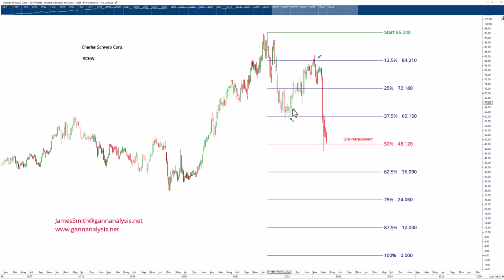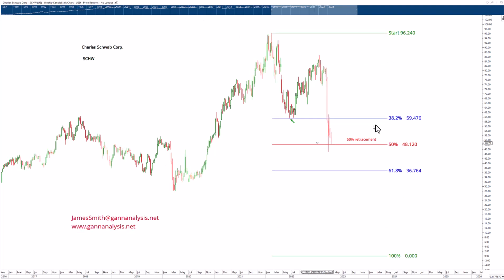But where they might differ is note that this was slightly off. 37.5 is slightly different from Fibonacci, which is 38.2. This one gave you the exact low.